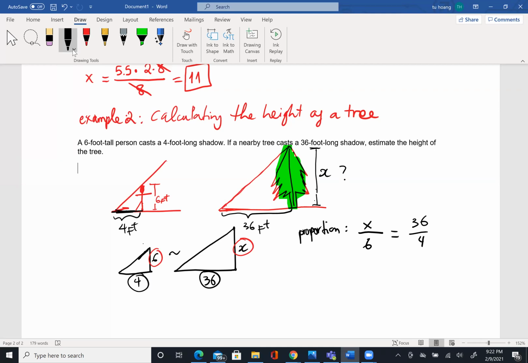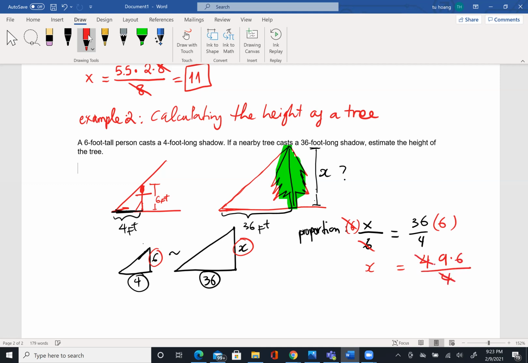So now you can just multiply by 6 on both sides to cancel this 6. So I have x, and the right hand side becomes 36 times 6 divided by 4.